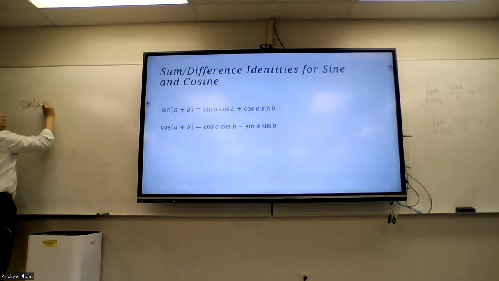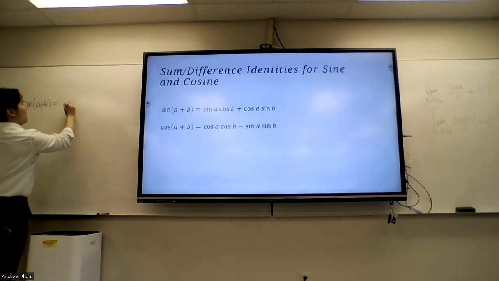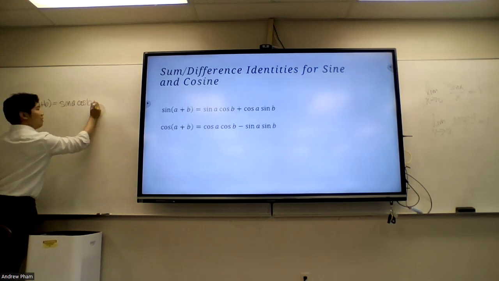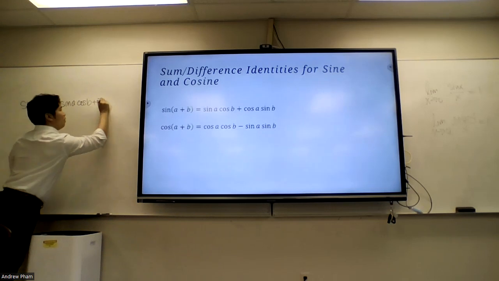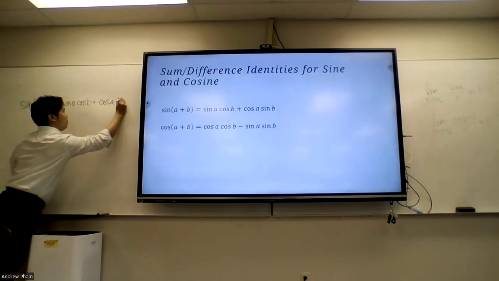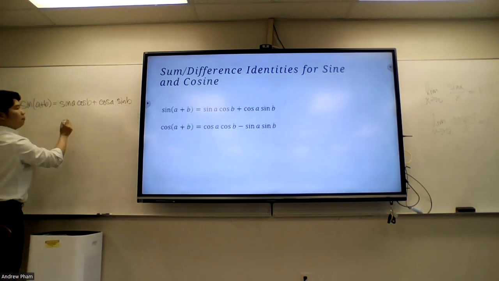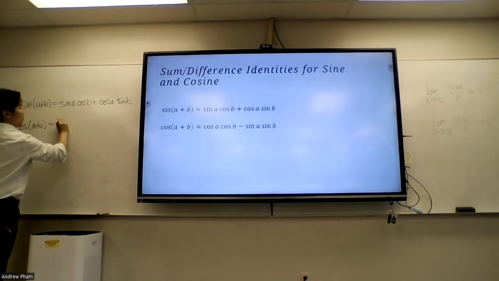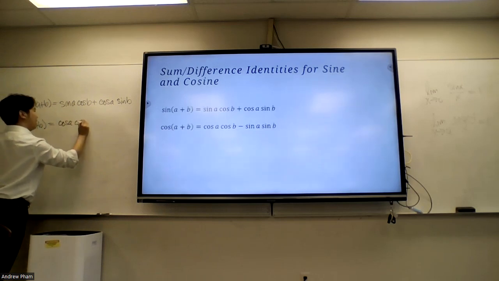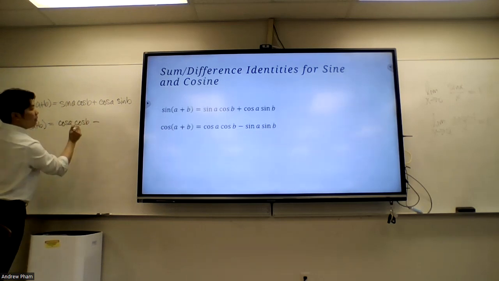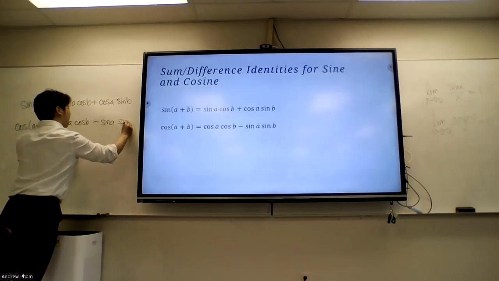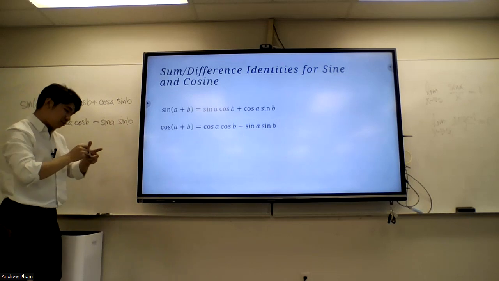Sine of a plus b is equal to sine of a cosine of b plus cosine of a sine of b. And then cosine of a plus b is equal to cosine of a cosine of b minus sine of a sine of b. Again, just keeping these on the board for reference.